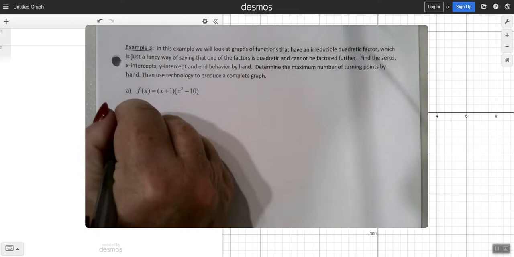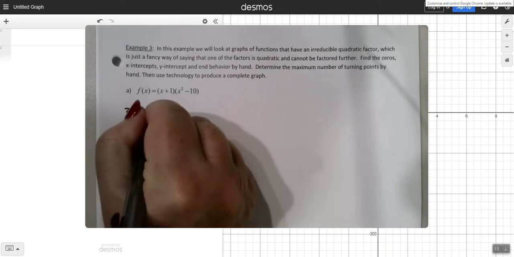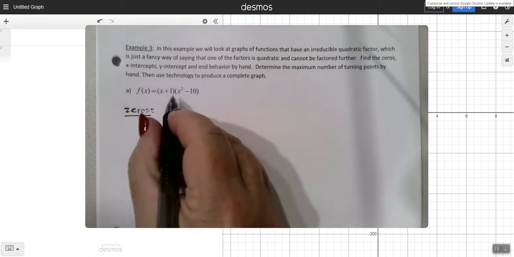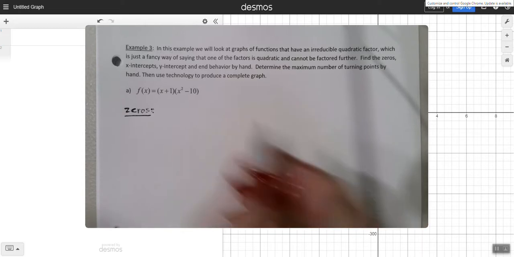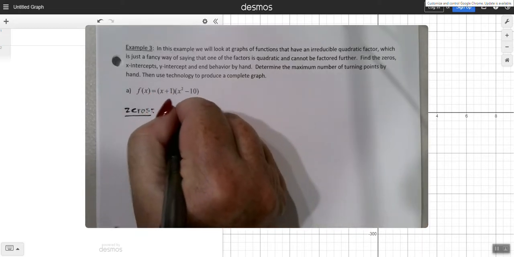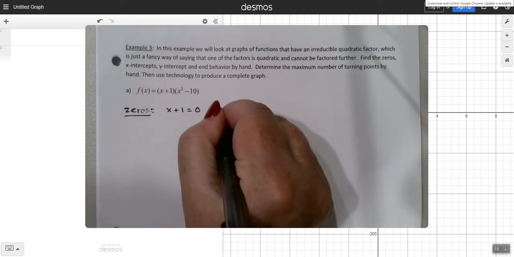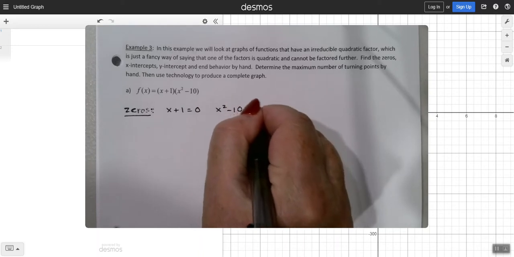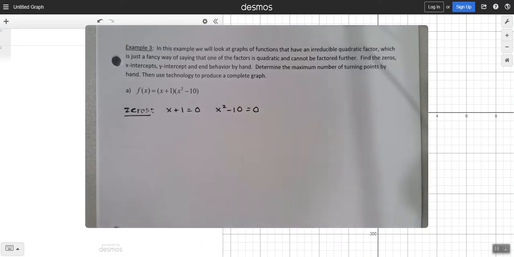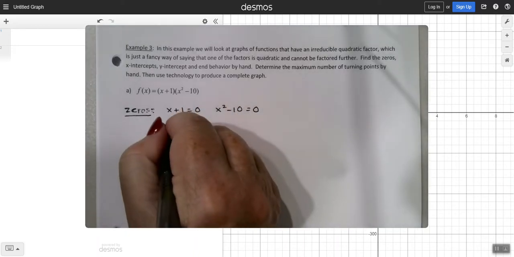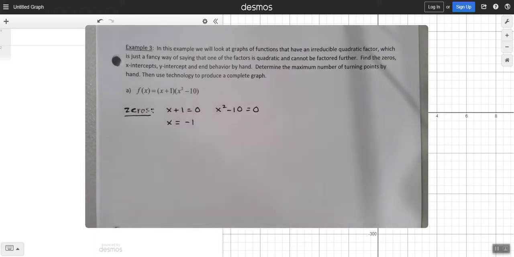All right, so the zeros. We know we get that by setting our function equal to 0, and therefore we would have x plus 1 equals 0, and we would have x squared minus 10 equal to 0, right? Each factor equal to 0. This one would give us x equals negative 1.